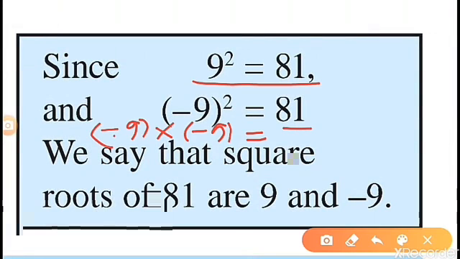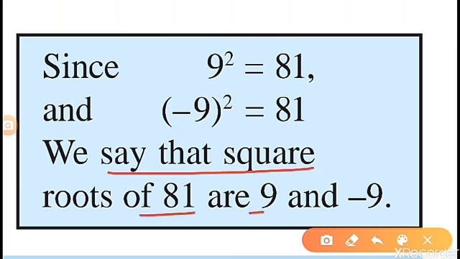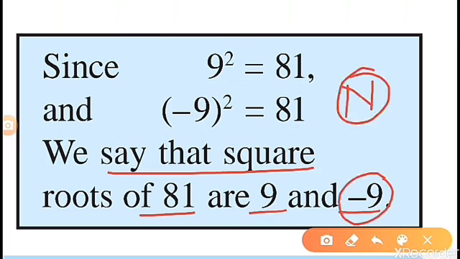If we multiply 9 into 9 we get 81, and if we multiply minus 9 into minus 9 we also get plus 81. So we can say that the square roots of 81 are 9 and minus 9. Till now we have discussed only natural numbers, and minus 9 is not a natural number, although minus 9 is a square root of this 81.